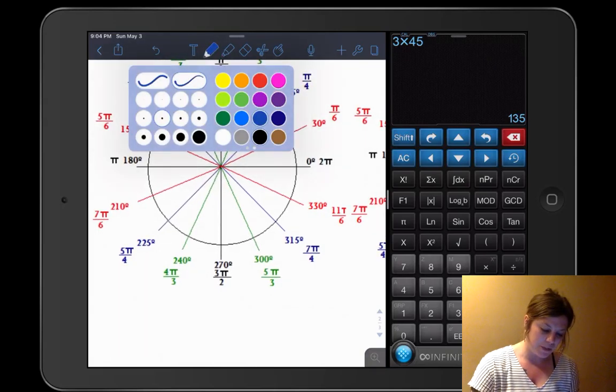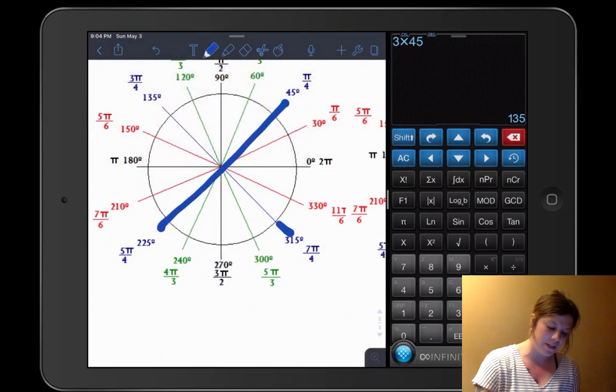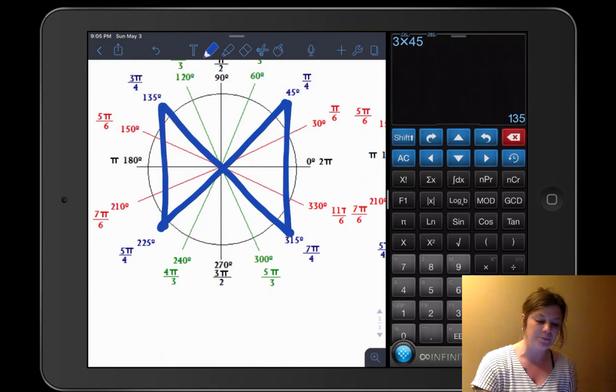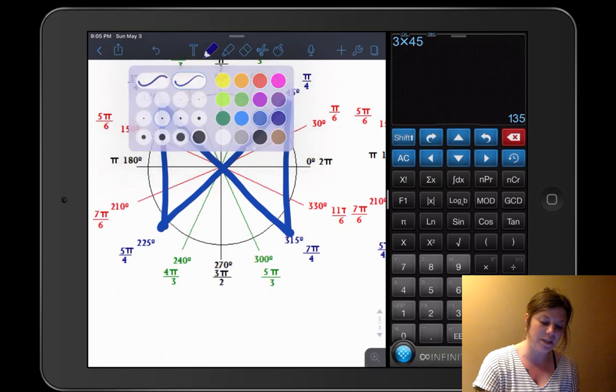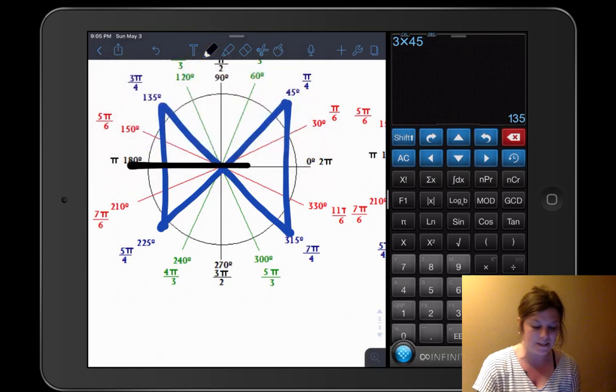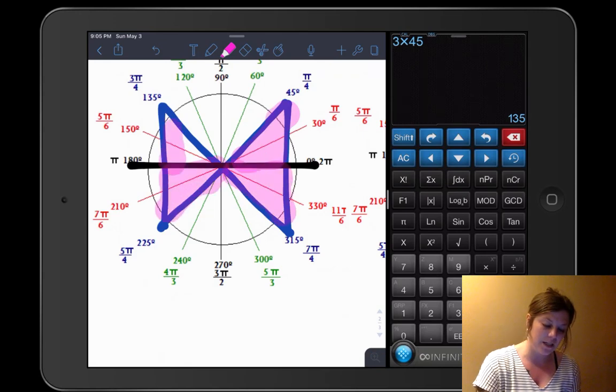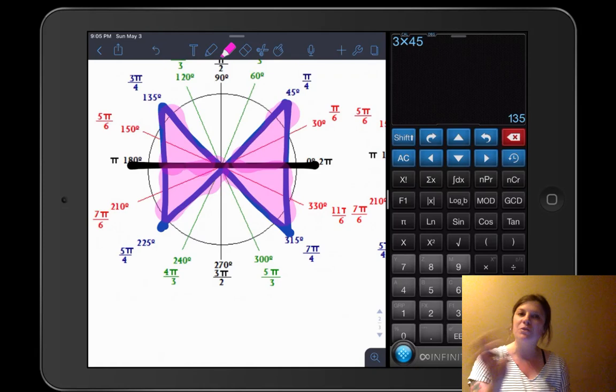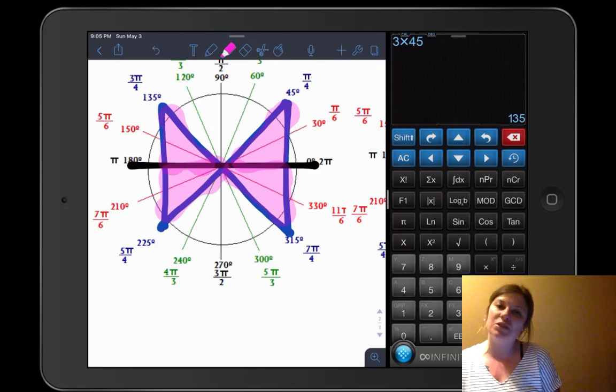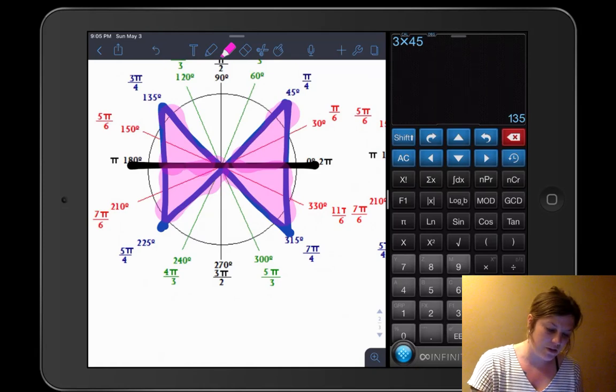If we go across, and go across, and go down, and go down, and look at them in terms of the x-axis, they all make the same triangle with the x-axis. It's just flipped around, right? It's the same angles, just flipped around. That's something we definitely want to keep in mind.